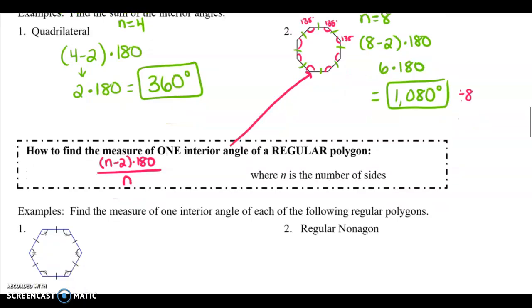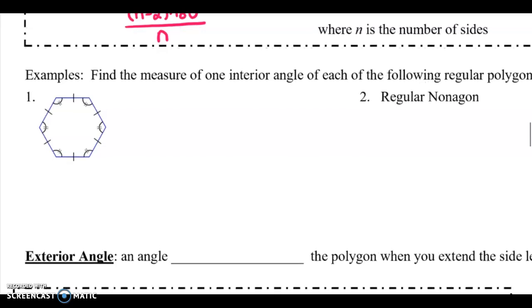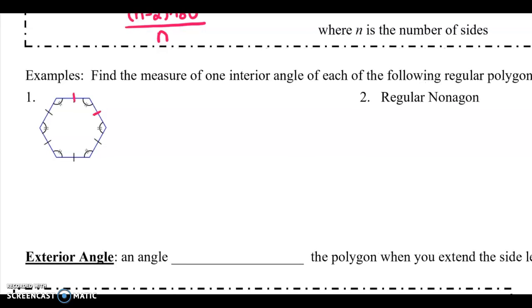Here's a perfect example. Let's count the number of sides: 1, 2, 3, 4, 5, 6. So n is 6. I'm going to find the sum first by doing (6 minus 2) times 180, and then divide by the number of sides I have, which is 6.